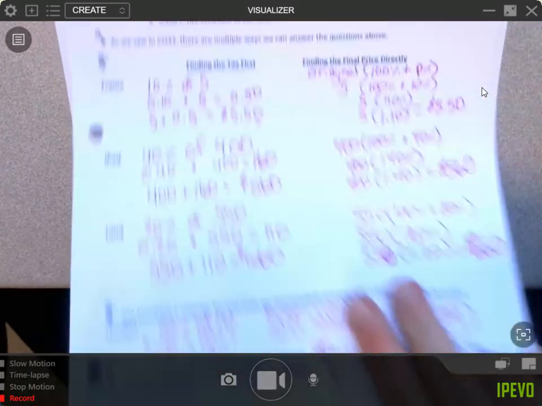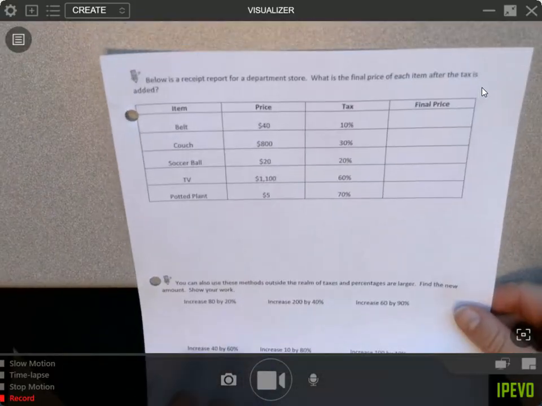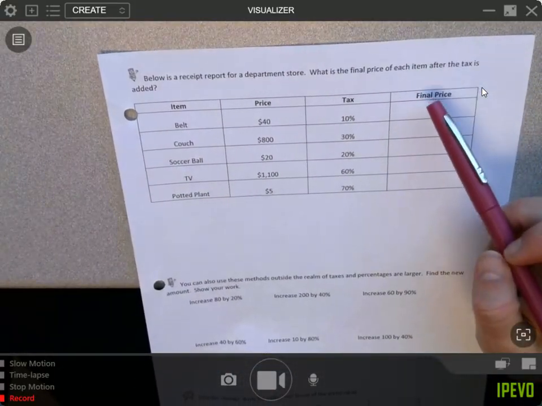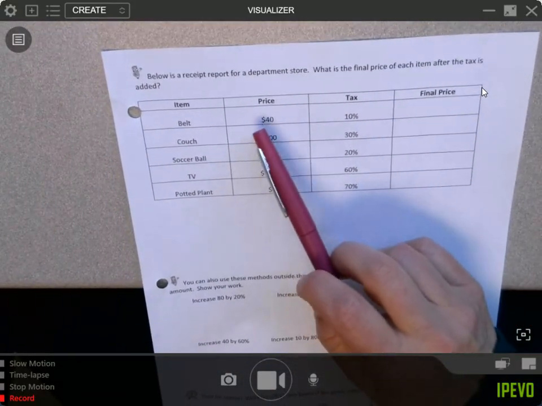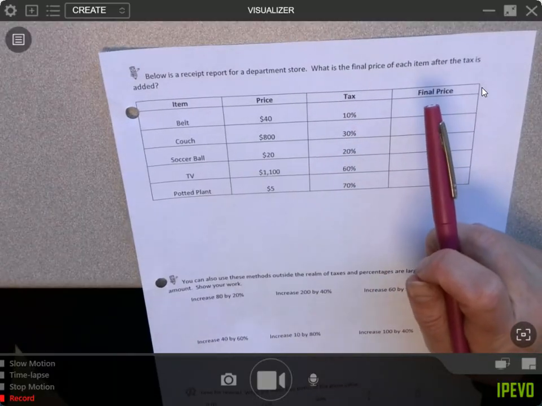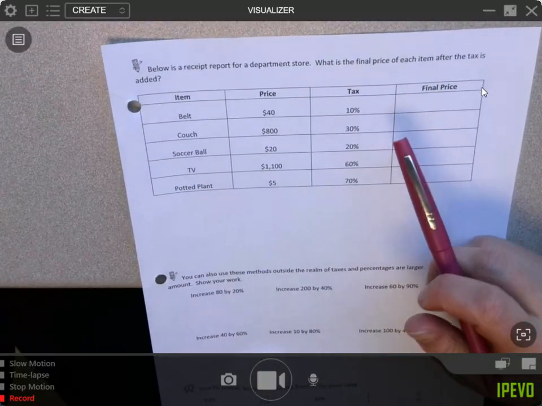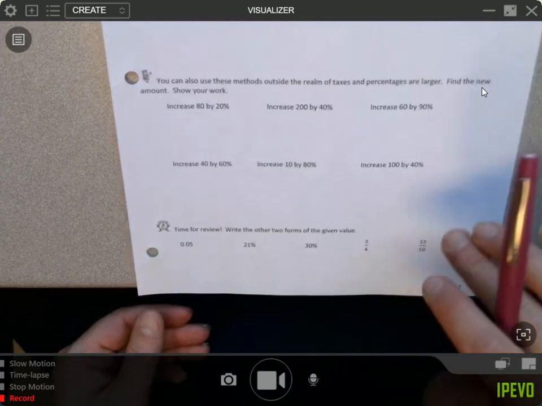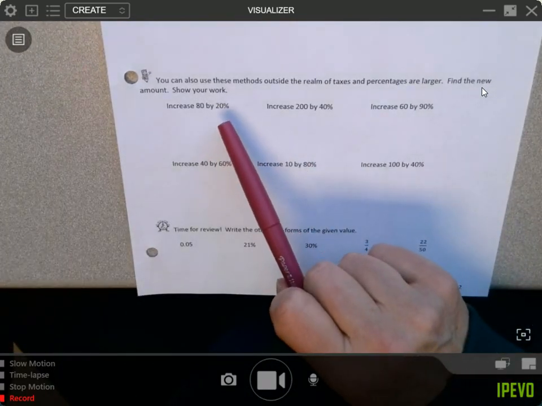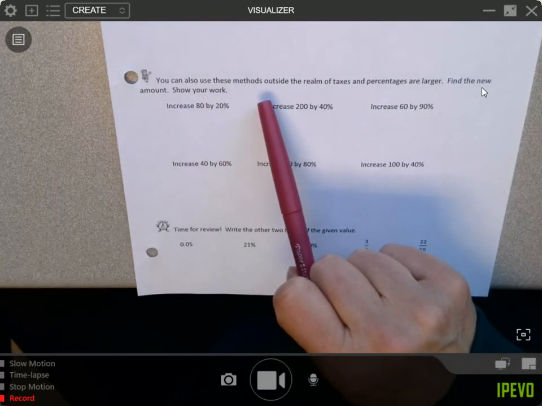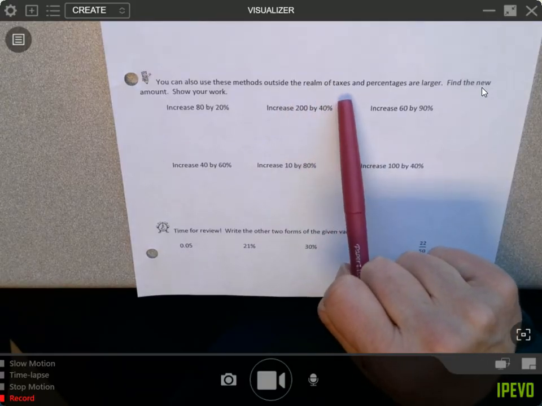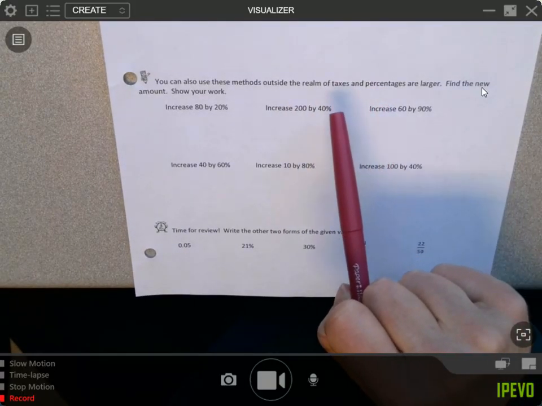Our second page, just like yesterday, we have that table that we need to fill in, doing the same math, adding on our tax. Then here it says you can also use these methods outside the realm of taxes and percentages. Find the new amount.